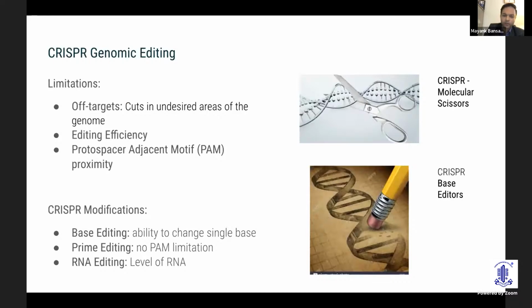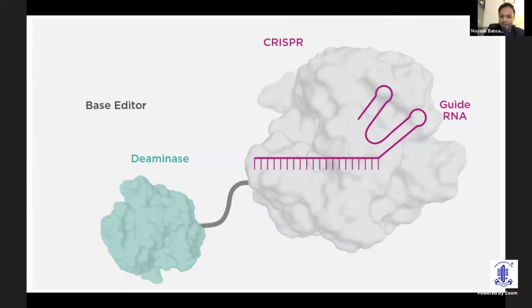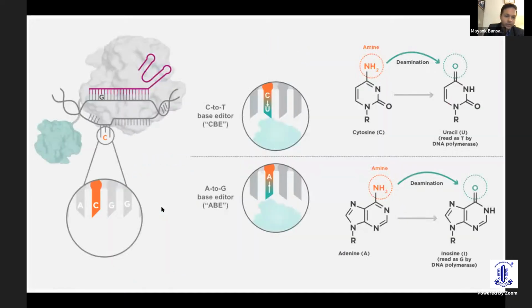Therefore, there has been a move towards developing CRISPR-based base editing, wherein you have a catalytically deactivated Cas9 enzyme, so it does not break the DNA, but along with that, it has a deaminase domain. What that does is deaminate cytosine to uracil, which is read as thymidine, or deaminate an adenine to inosine, which is read as guanine.